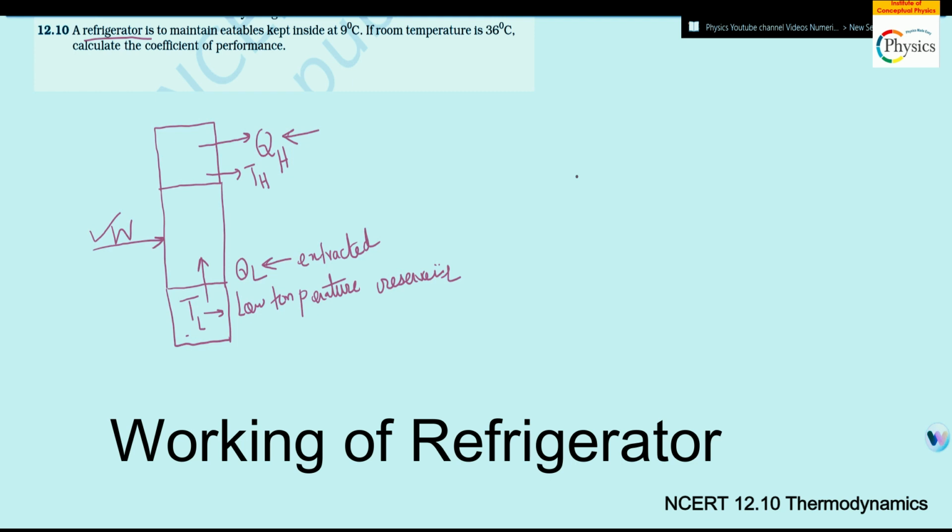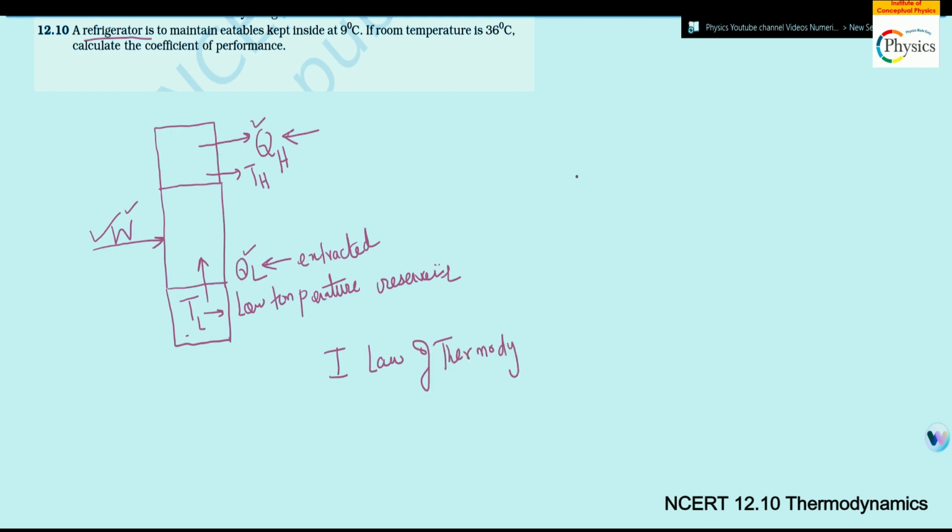If you just try to link W, QH and QL using the first law of thermodynamics, how will you apply this now that you understand the basics of a refrigerator? At least you have a sense what's happening. A system on which the work is applied.